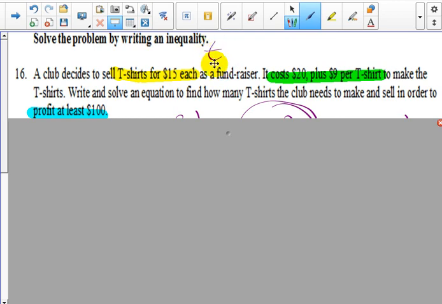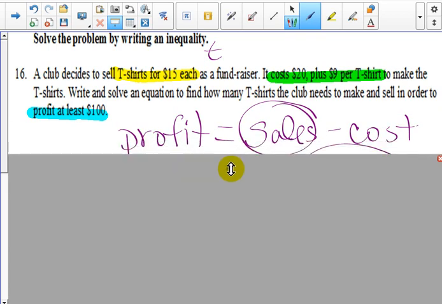And we know that they sell them for $15 each, but it costs them $20 plus $9 per t-shirt. So we want to profit at least 100. We know that profit is equal to our sales minus our cost.